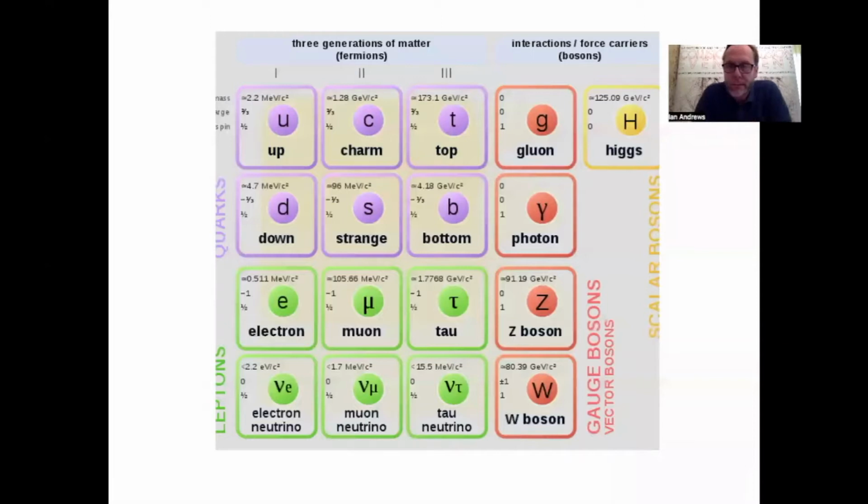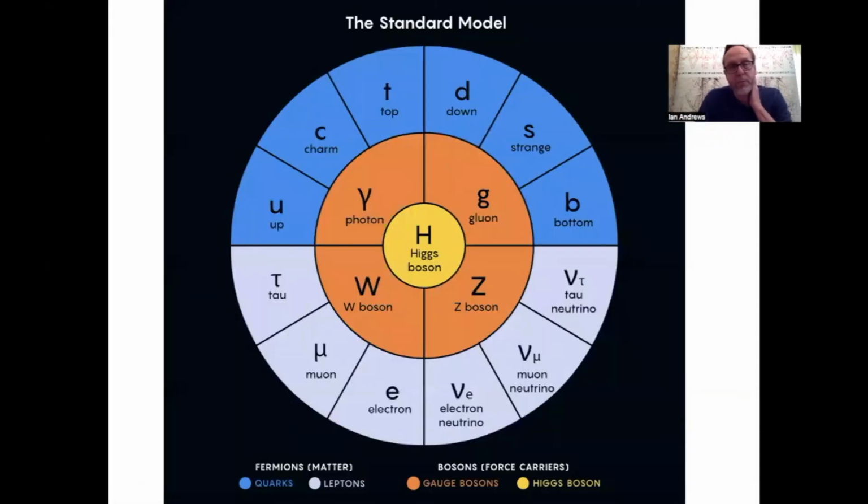And this is sort of what it's all about, really. This is what I was responding to: the three generations of the quarks, the three generations of the leptons, the force-carrying bosons, and the famous Higgs boson there. And the interesting thing about the particle physics standard model is that it can be rearranged.